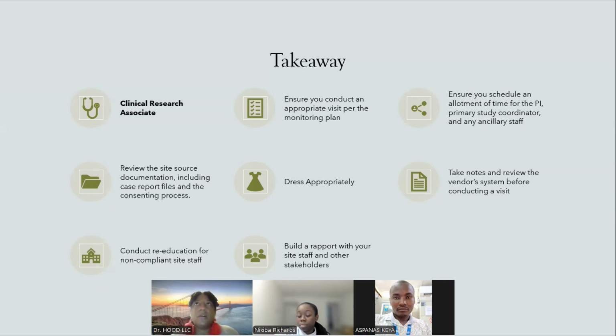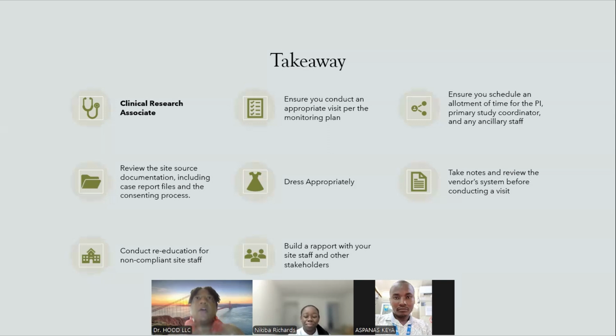For your site initiation visit and maybe your qualification visit, you might want to be more on the dressier side, a suit, because you know for sure you're meeting the PI and a lot of the site staff, and you want to make a good impression.